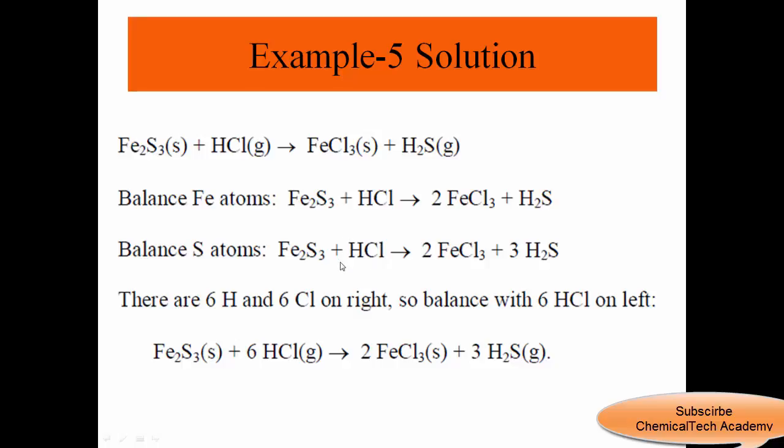So we need to place 6 in front of HCl to balance the equation. Now as you see here, we have 2 Fe on both sides, 3 S on both sides, 6 H on both sides, and 6 chloride again on both sides.